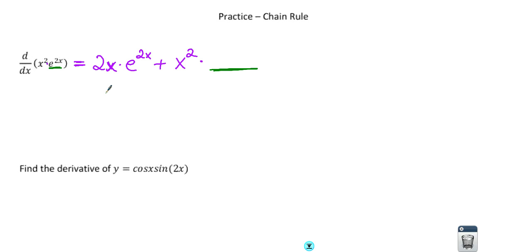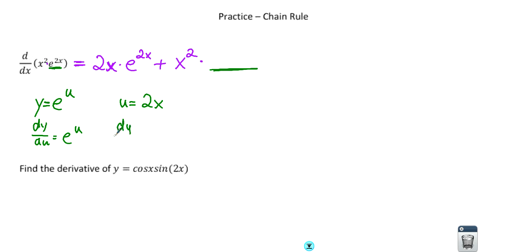So I'm going to come over here and do the chain rule for this part, where the inside function is my 2x and my outside function is my e function. Okay? So now I do chain rule. So we get dy over du equals e to the u, because the derivative of e to the u is e to the u.